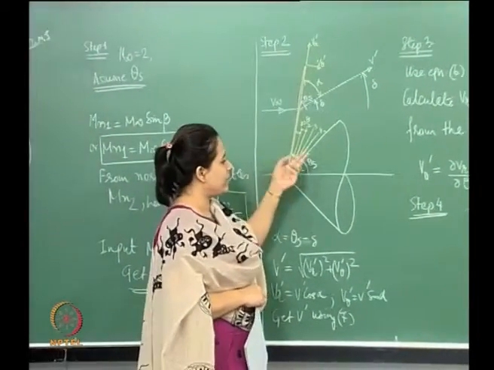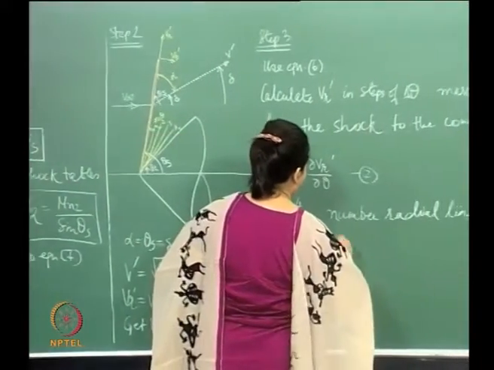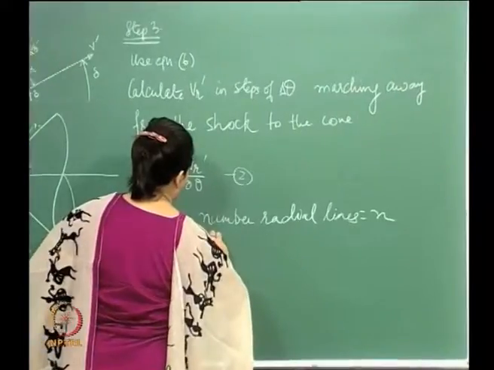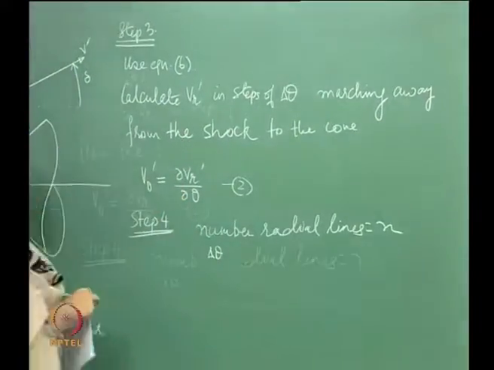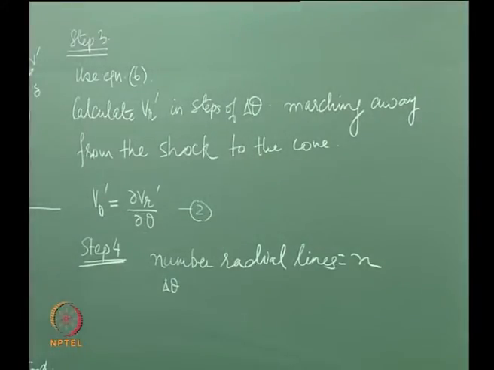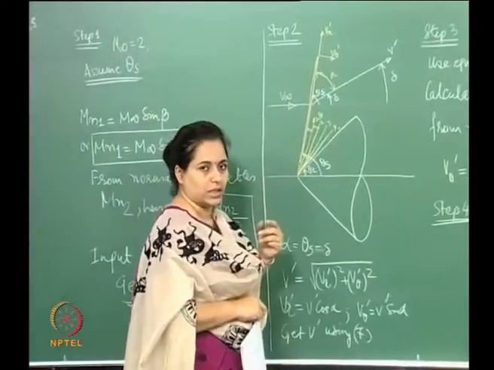Okay. Say we have n radial lines, and the angle step is delta theta. Okay. So, essentially n into delta theta is equal to alpha, which is equal to theta s minus theta c. That is what it is.